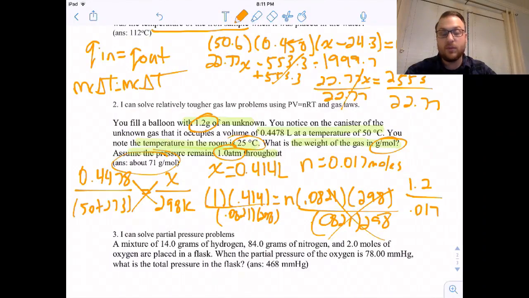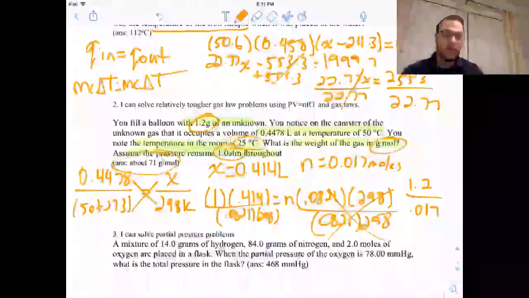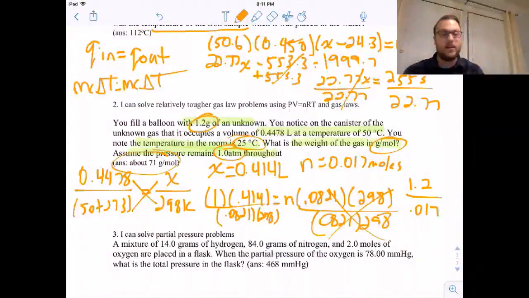But you know the temperature of the balloon, and you know that the pressure remained the same throughout at 1 atmosphere. So we did a P1V1/T1 to get the volume. From here, you can get moles from PV = nRT because you have all other pieces of information in that equation. And then just take your grams divided by moles, and you'll get your weight in grams divided by moles, which is what the question was asking.